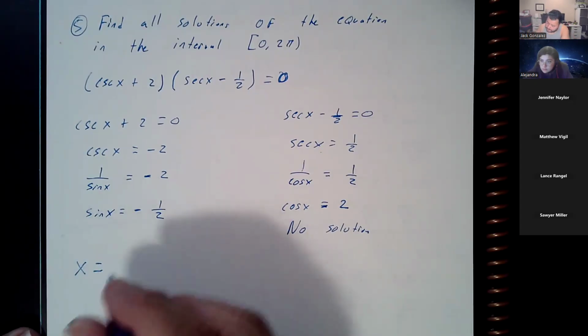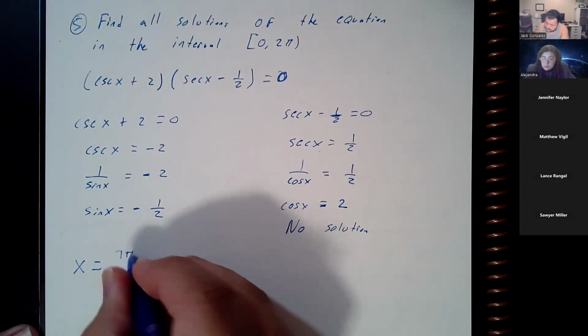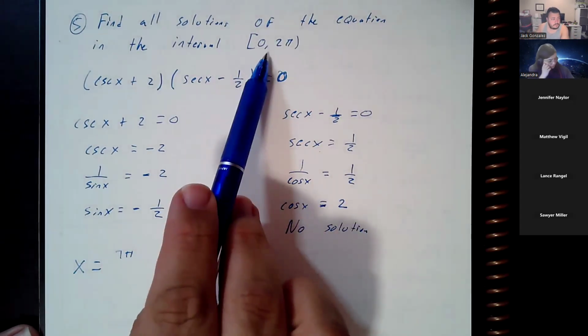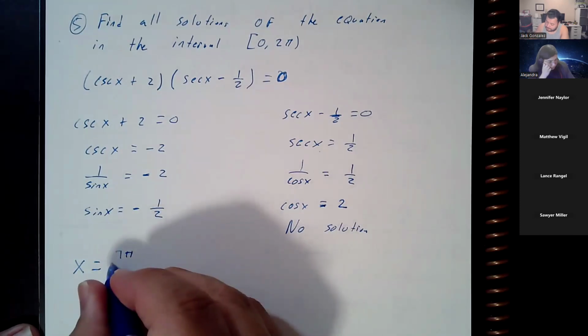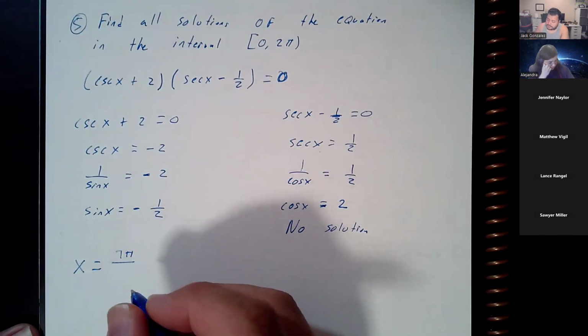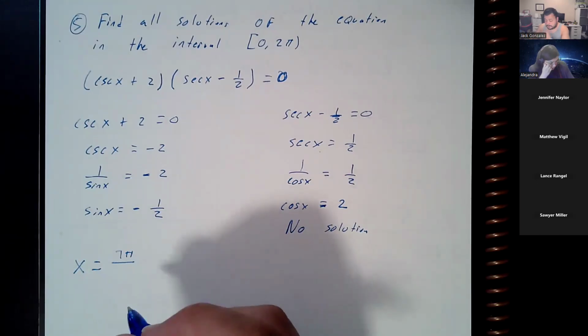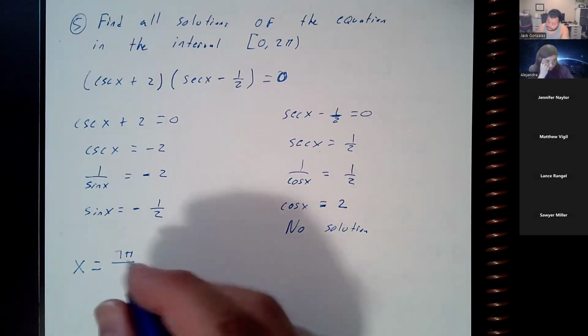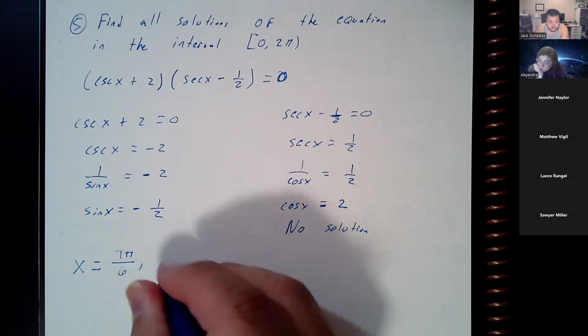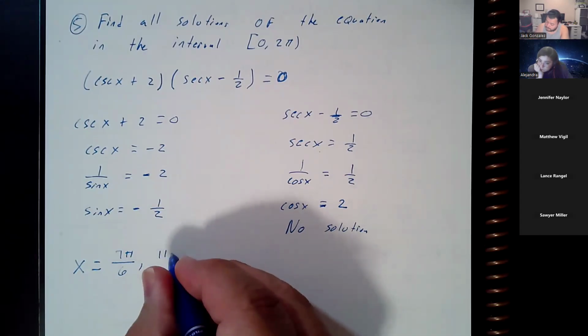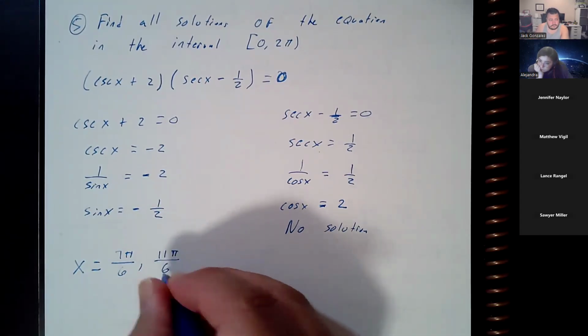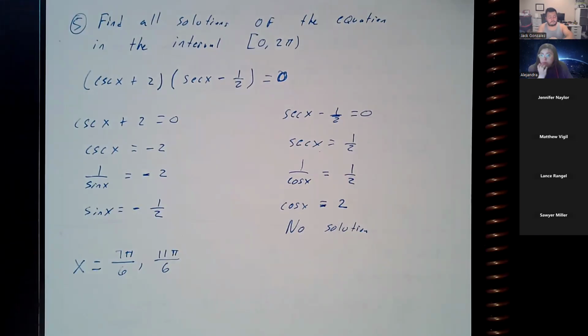Yeah, that's it. Since it's only one interval, we don't add the 2k pi. We only do that if it says final solutions and there's no restriction. That makes sense?